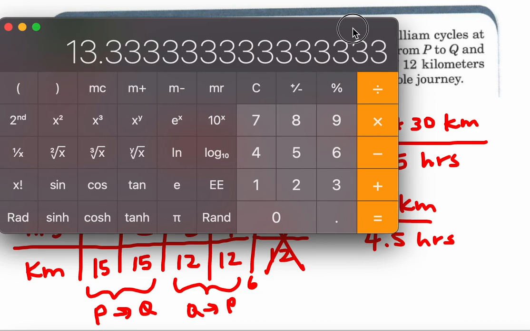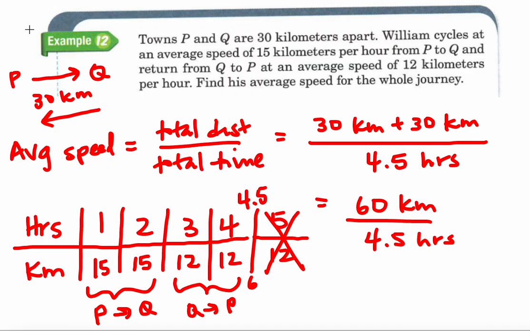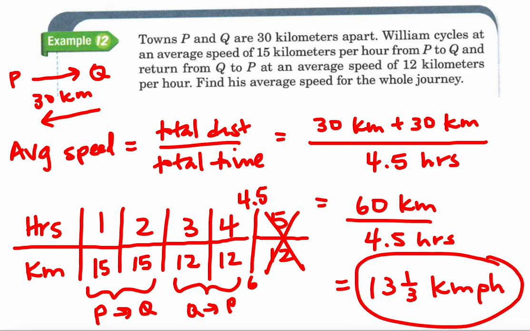So that's, let's see, 13.3333. We know the repeating decimal 0.333 is 1/3. So that's 13 and 1/3 kilometers per hour. km/h. Okay, so his average speed was 13 and 1/3 kilometers per hour.